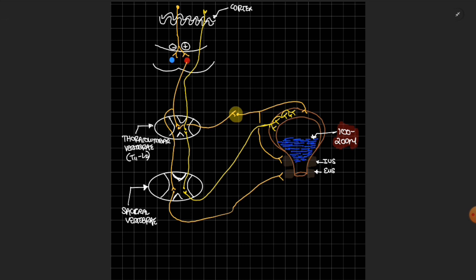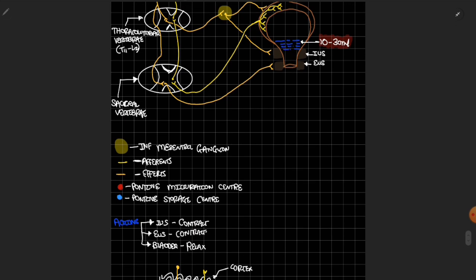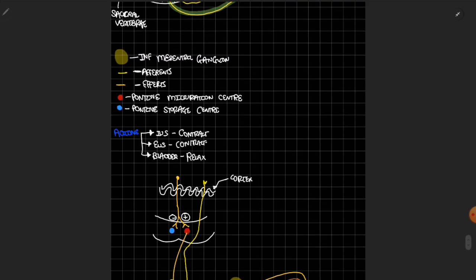Now I forgot one thing in both the figures. This is an important nerve, this one. Let me highlight it here and write it here. This nerve is basically the, yes, pudendal nerve.